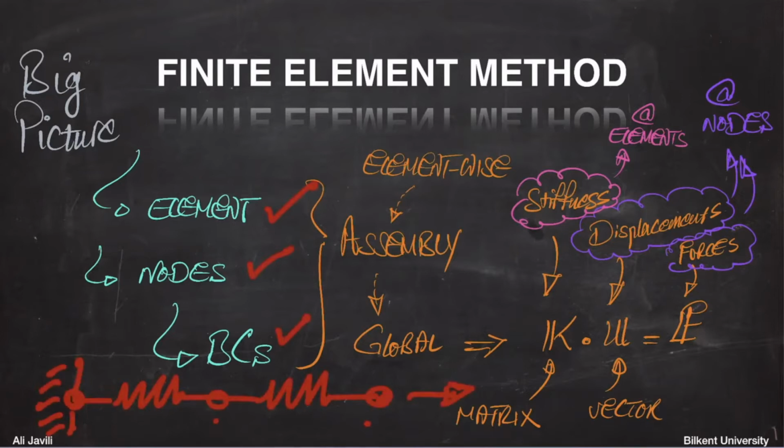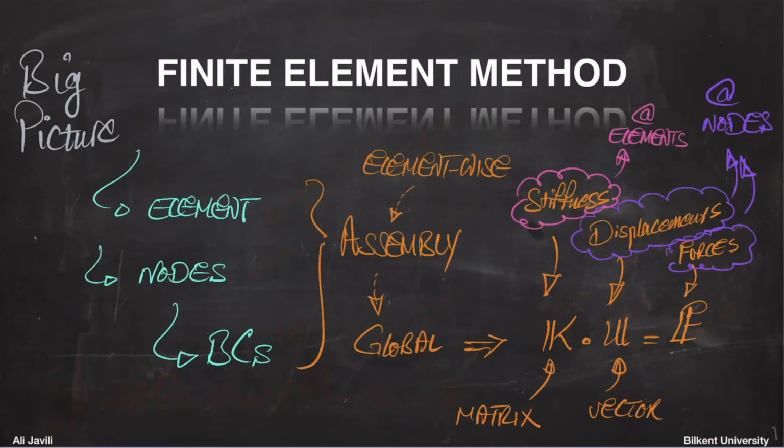These are the boundary conditions. And then for each element, you can calculate the stiffness of the element. We can assemble them, we get the global stiffness, we get to this system, and we can solve the system. So these pieces of the finite element puzzle are basically covered using just a combination of springs. And that's what we want to do in this lecture.